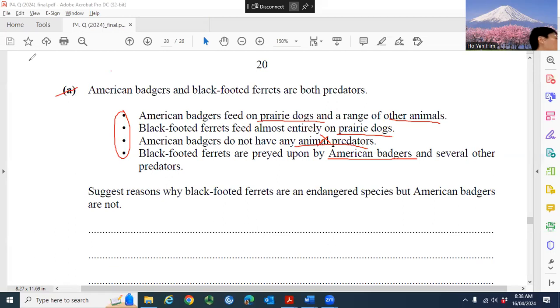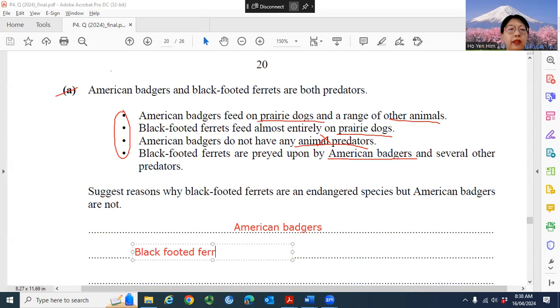So if you were to draw the food chain for the 2 of them, let's say I draw it here. This American badgers, and then we also have the black-footed ferrets. American badgers feed on prairie dogs and other animals. So we have got prairie dogs here, and we have got other animals.